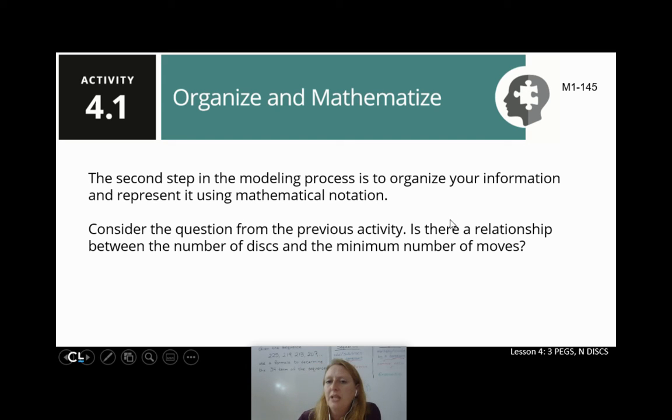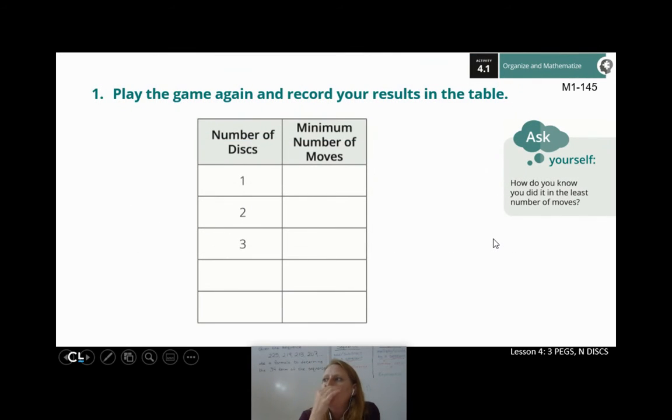So I would like you to play that game again, but can you play it with 1 disc and write down how many moves it takes? Can you then play it with 2 discs and write down how many moves it takes? And we already played with 3 discs and wrote down how many moves it takes. So see if you can do that, and then we're just going to record our results, and then we'll start moving from there. Go ahead and hit pause.